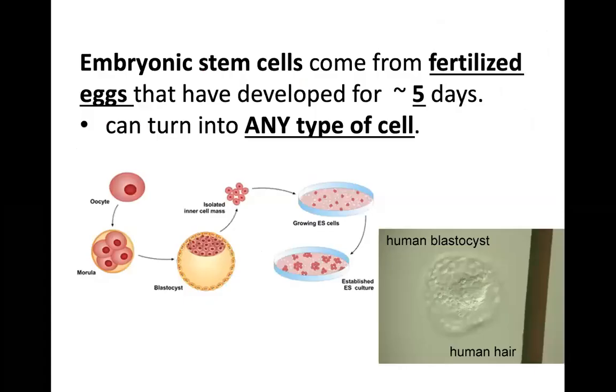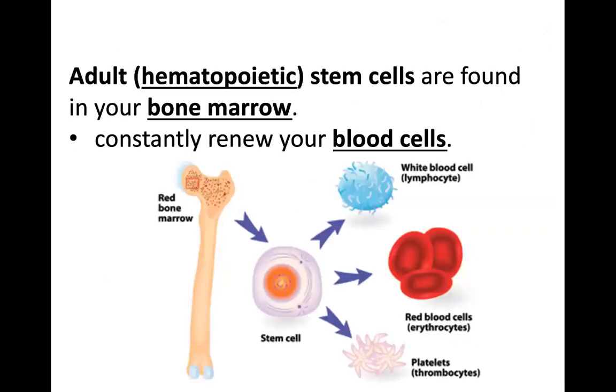So you've got embryonic, which are the ones that can become any type of cell. Then you have adult stem cells, and those are the ones found in the bone marrow. And then the last one was the cord blood.